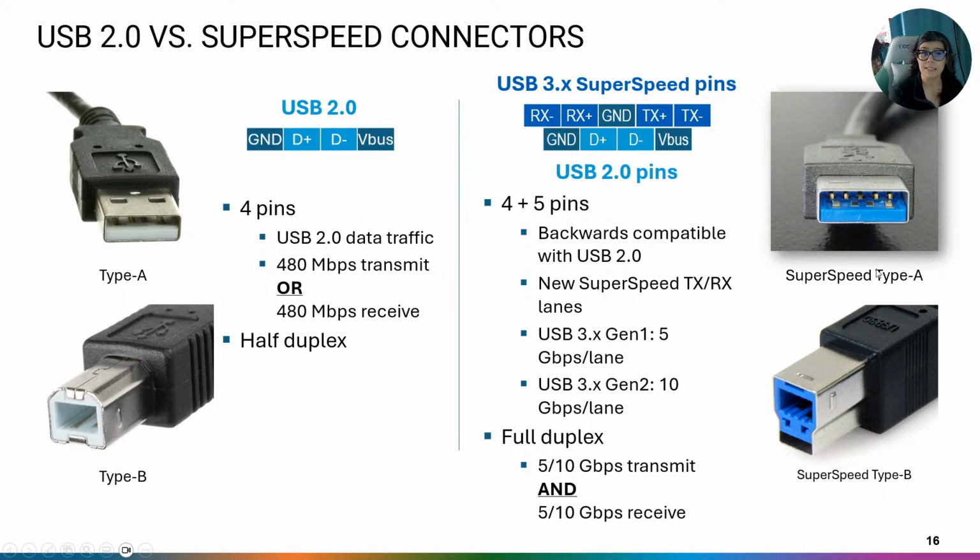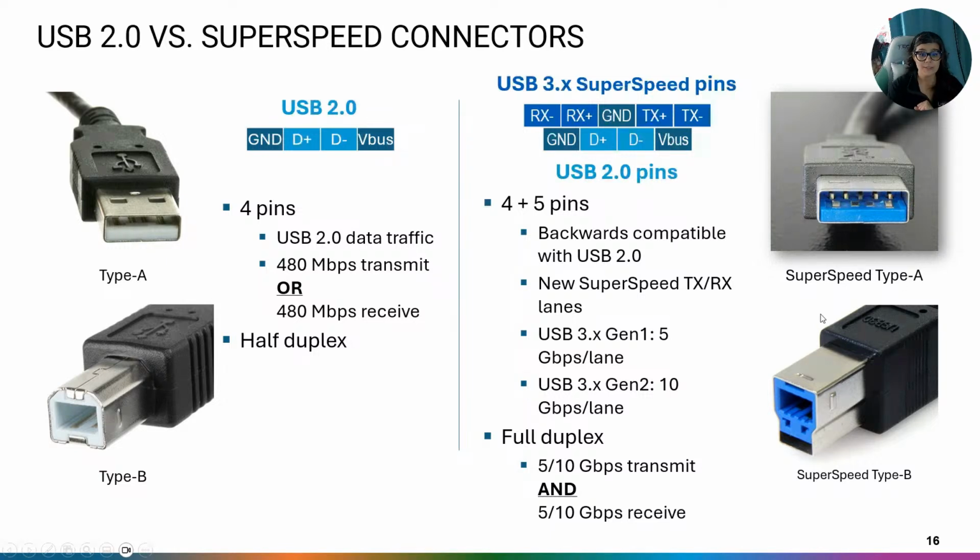If you see any type of blue or pretty much any other color, that's going to let you know. Blue is typically the color that is a super speed connector, and that is going to have the 5 pins. And the other way to do it, of course, is to just look in there. If you look right over here on the right-hand side, I can see the 4 original pins on the bottom, and I can see the 5 pins on the top.